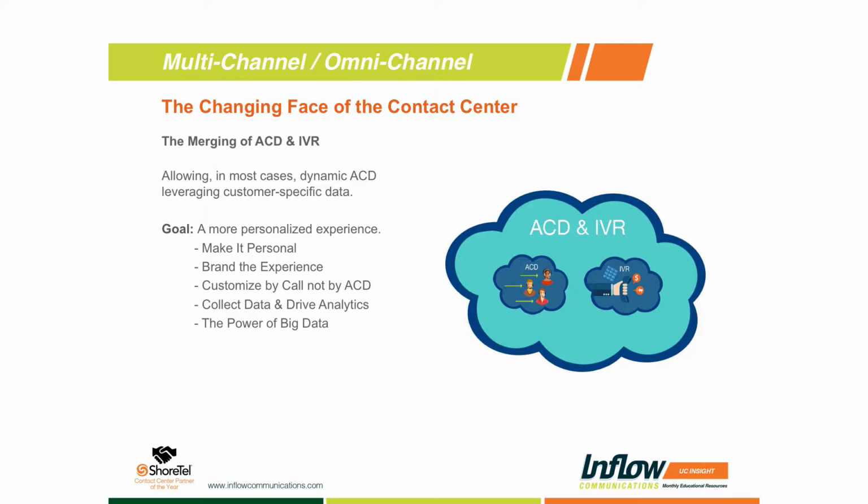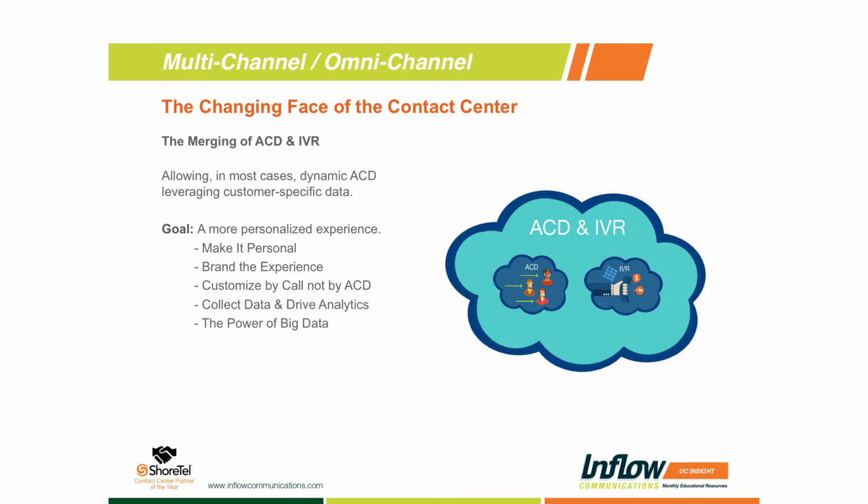And this is where the advantages of IVR-driven ACD come into effect, because by allowing access to data, you can truly create a dynamic ACD leveraging the customer-specific data. The goal specifically is a more intelligent way of routing calls through the ACD, but also a more personalized experience for the customer.